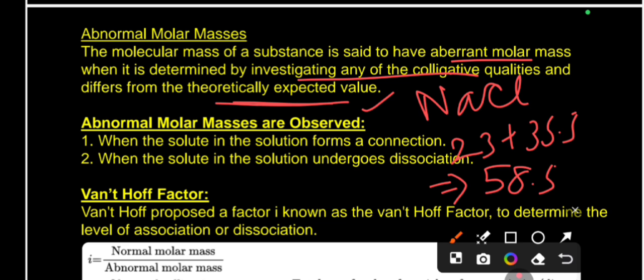So how has this occurred? The process involved in that is called abnormal molar mass. So something has taken place here, that's why the molar mass has changed.